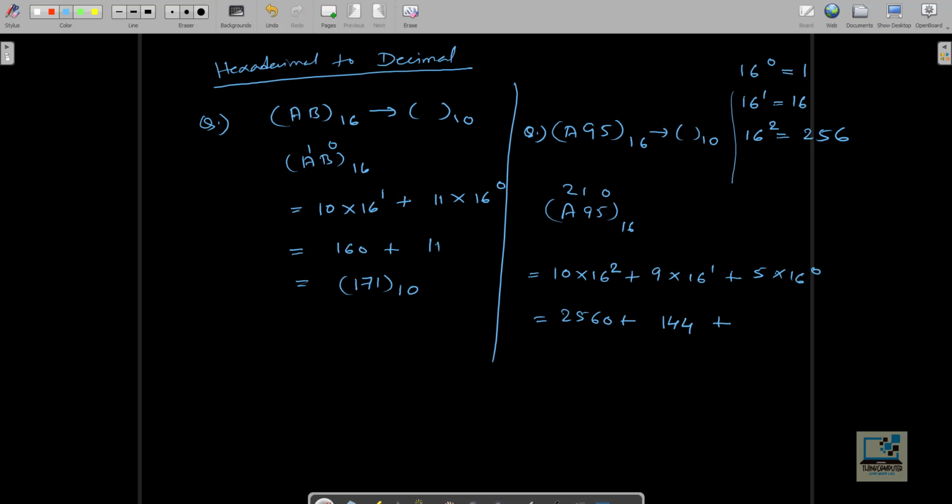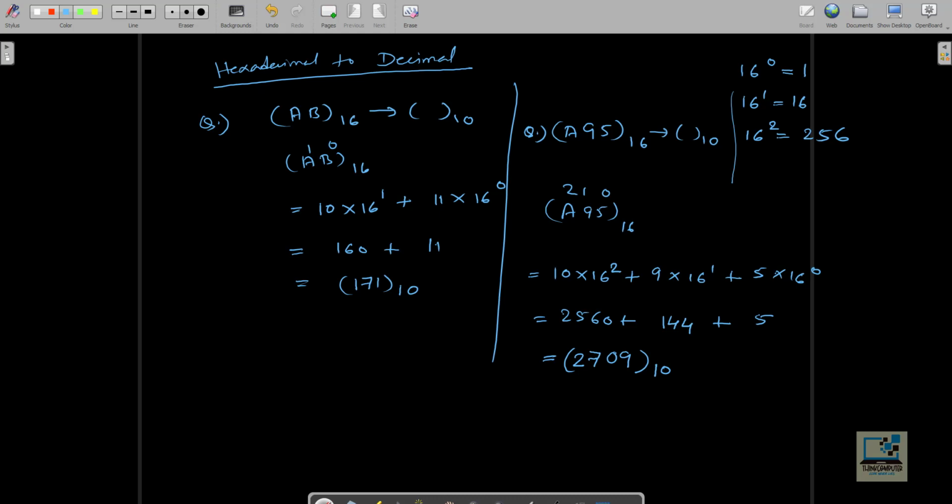Then 16 to the power 0 is 1, 1 into 5 is 5. Now if you add it up, 5 plus 4 is 9, 6 plus 4 is 10, carry 1, 1 plus 5 is 6, plus 1 is 7, so 2709 base 10.